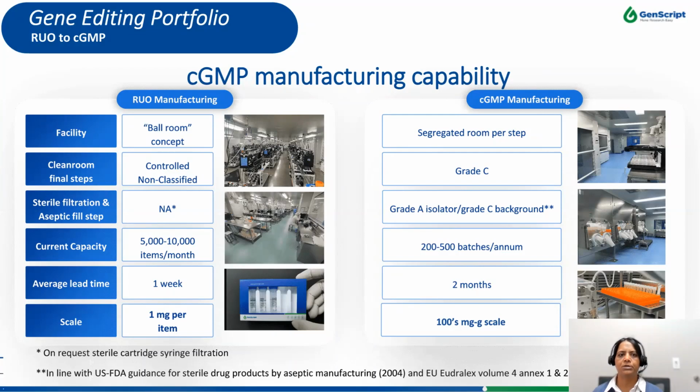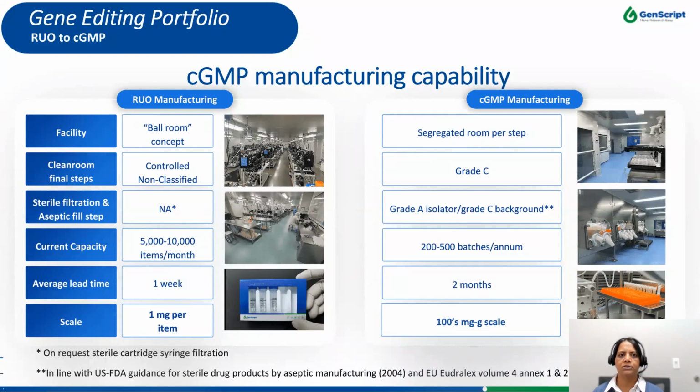The key difference between RUO and cGMP lies in the facility design and production capability. For RUO manufacturing, we utilize the ballroom concept where all the instruments for synthesis and purification are placed in one room, and this allows flexibility and efficiency in the research phase.